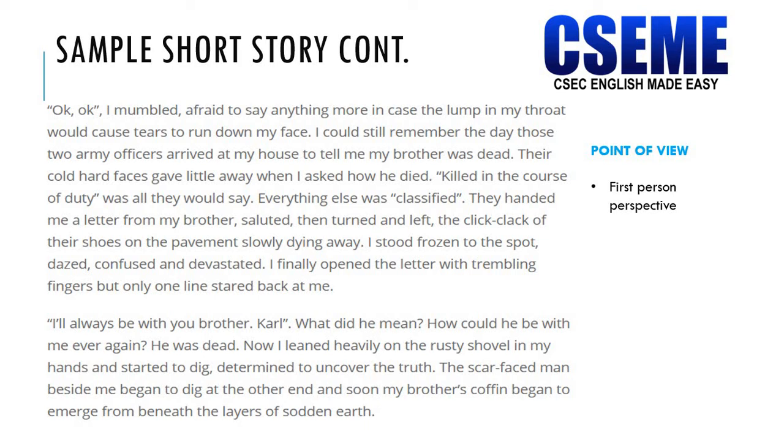We see that we have a narrator, and the narrator tells us the story. Because it is told from the first person perspective, we see the use of the first person pronouns, I, my.